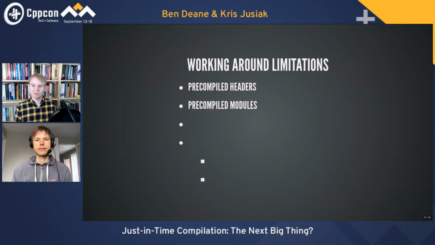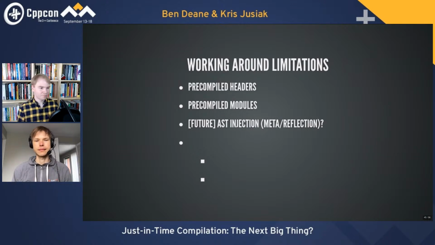So we mentioned precompiled headers and modules, which might come into play if users want to include stuff. We've got the future possibility, maybe the far future possibility, of AST snippet injections using the meta proposals that exist.